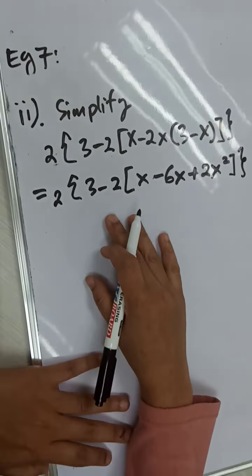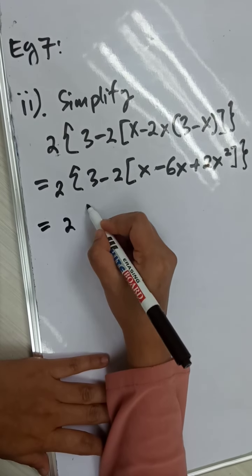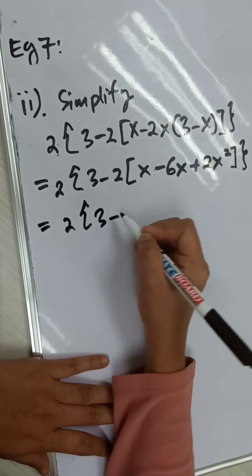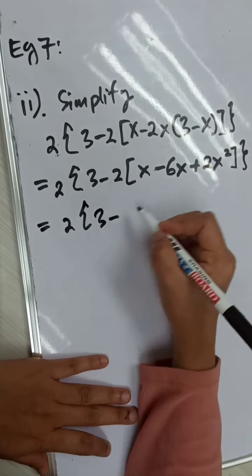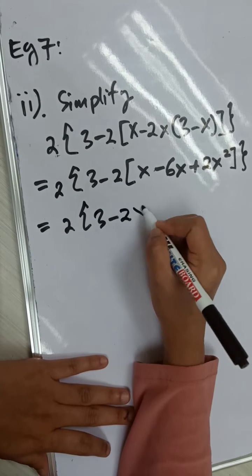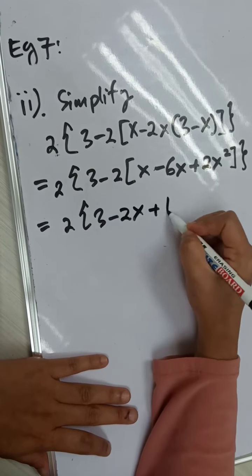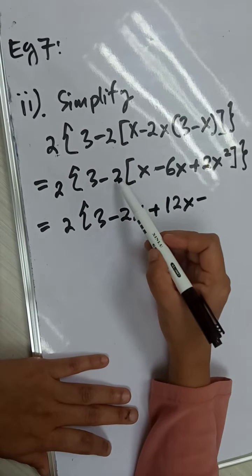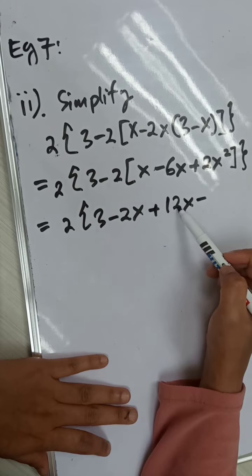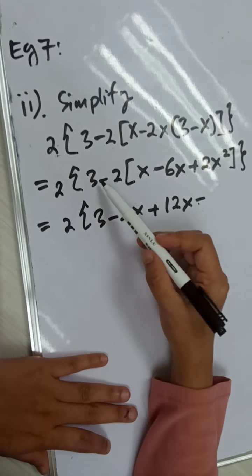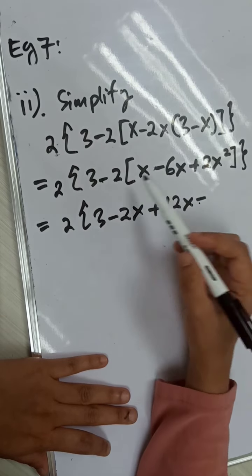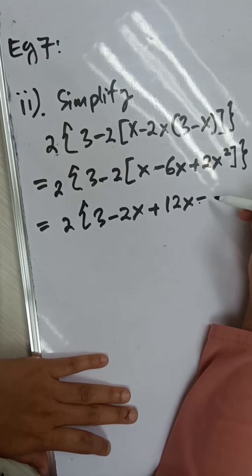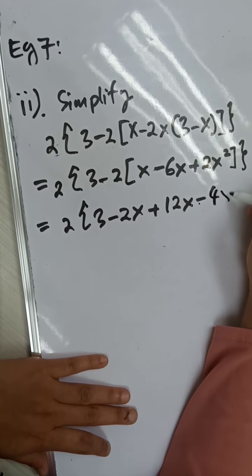Now the second step. Again we just copy 3 minus, you have to expand one by one. So we get negative 2x, negative negative positive, 2 multiply 6, we get 12x, and then negative multiply positive, we get negative. 2 multiply 2, we get 4x square.